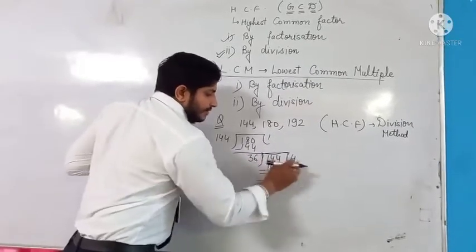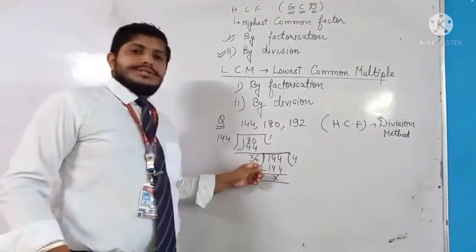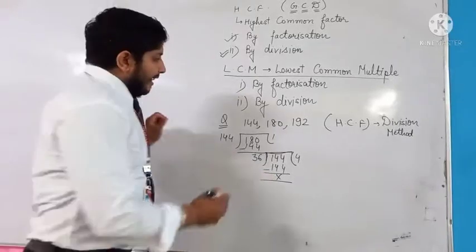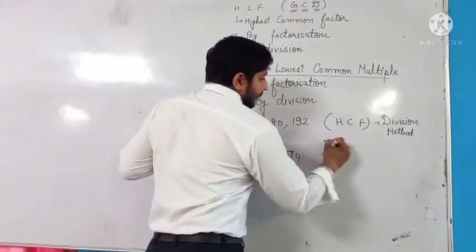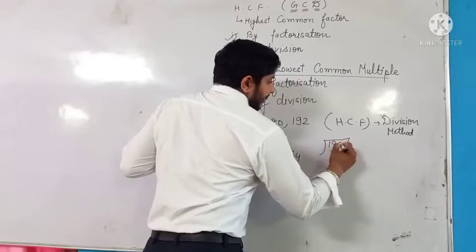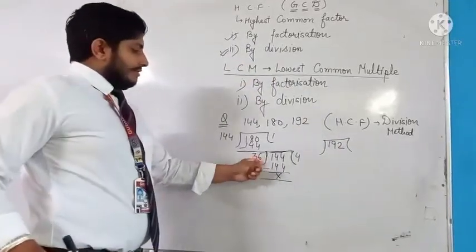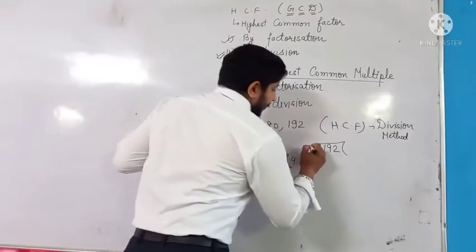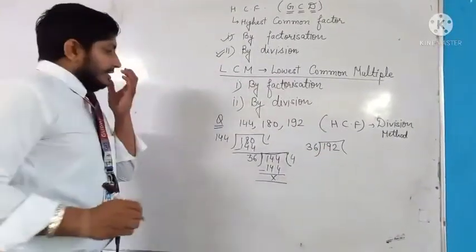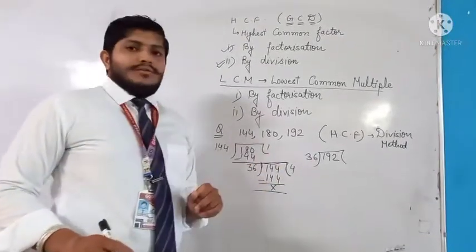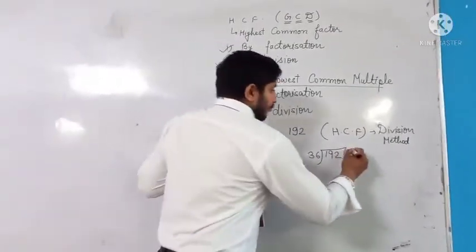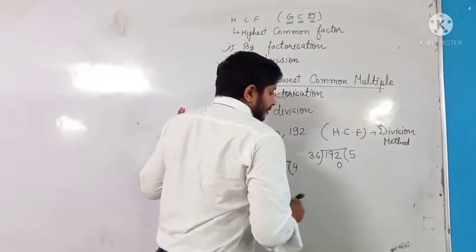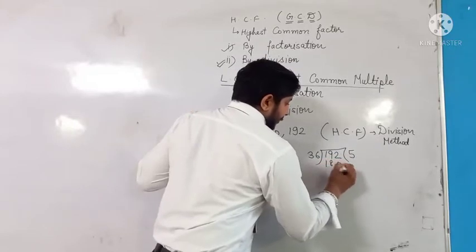Then here we write the symbol of divide, beta, and this number we write inside it. Okay, then by which multiple? Just count the table of 36. 36 4 times is 144. From here, beta, the third number is left, so we write the third number inside the bracket. And by which number is this divisible? Here is 36, so we divide it by 36. Then 36 5 times is 180.